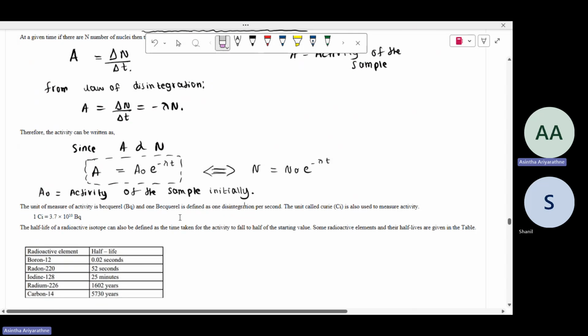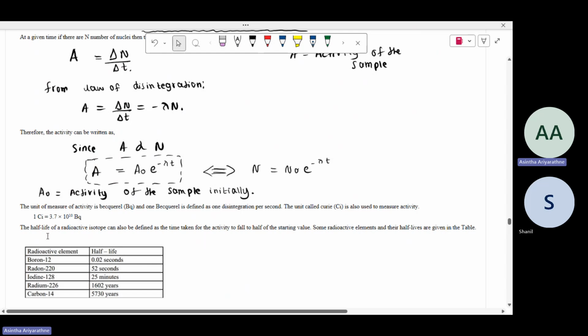Then the unit for activity is called the becquerel, Bq. Another unit is the curie, Ci. Becquerel is the basic unit, and there's another unit to measure the activity, which is called curie.